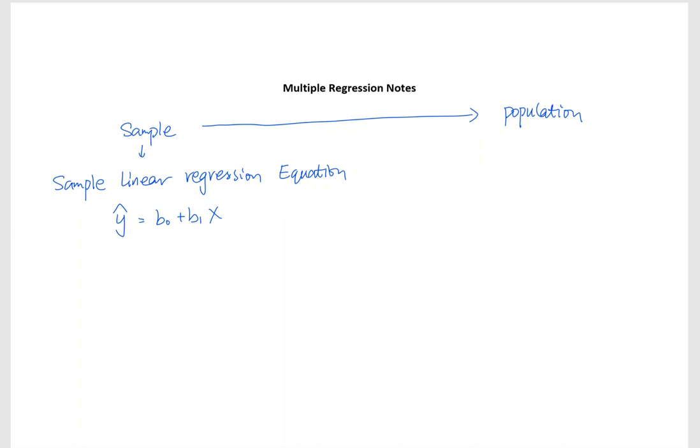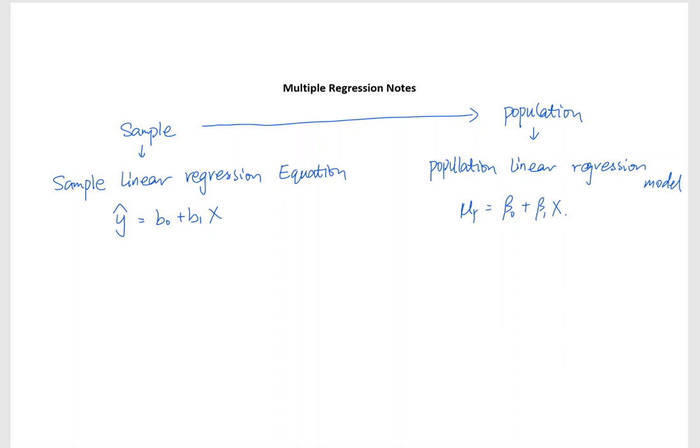And correspondingly, for the population, we have the population linear regression model. So we have mu of y equals beta 0 plus beta 1x, right?